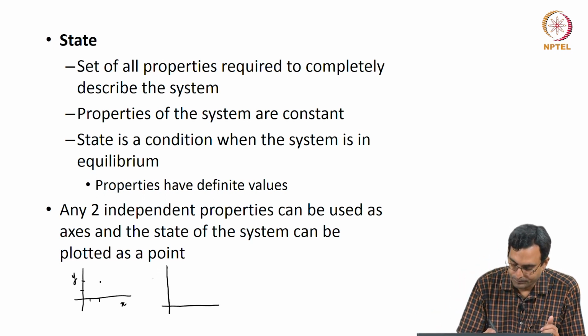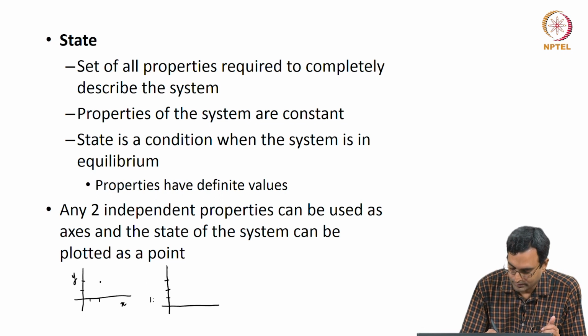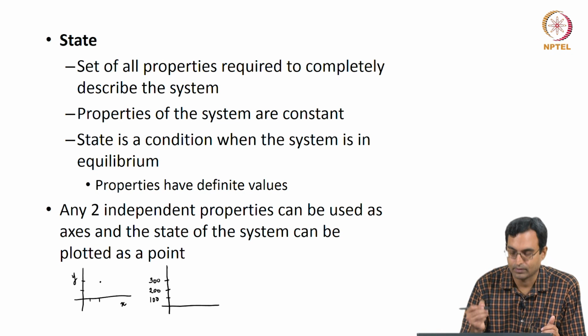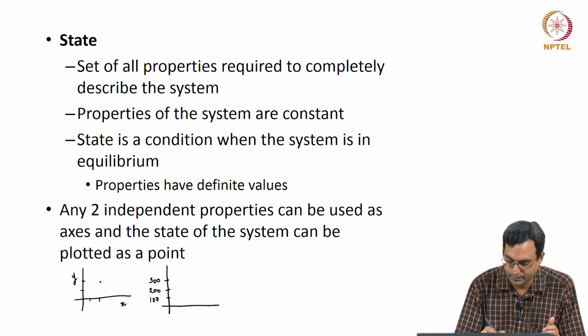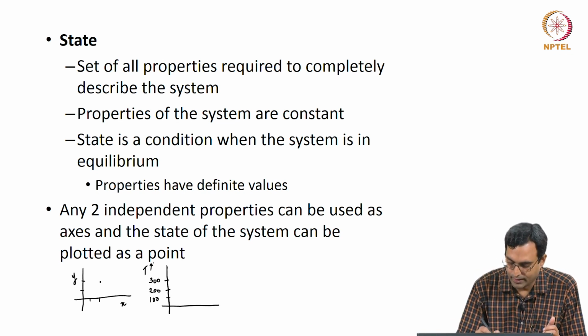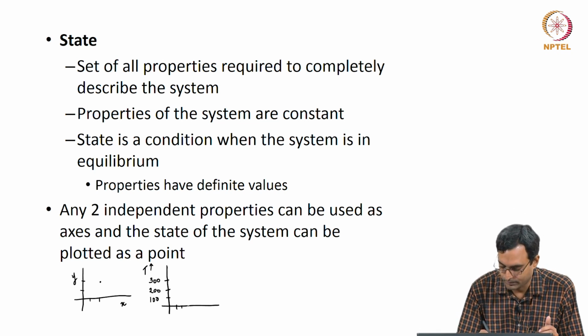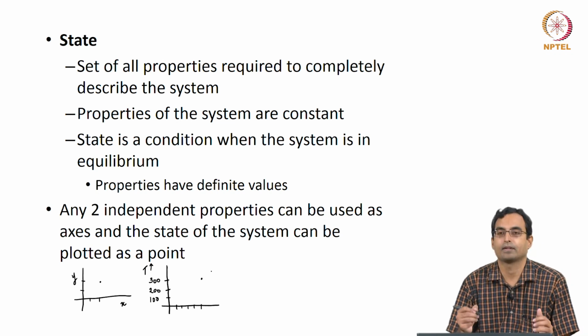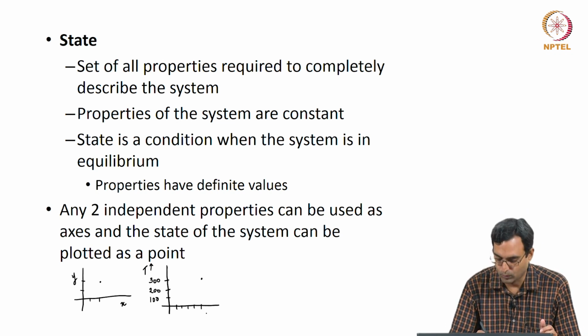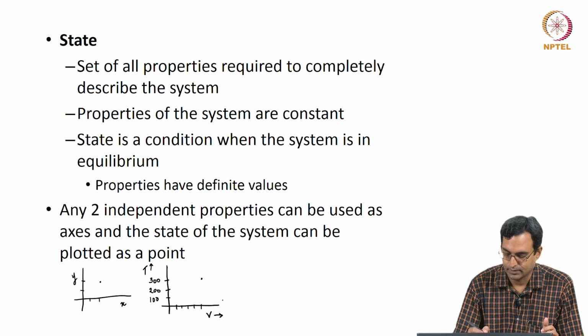So, for example, if the temperature is say 300 degrees centigrade or 300 Kelvin or something like that, and my volume is say 5 meter cube, I can plot this point and say this represents my state as far as temperature and volume are concerned.